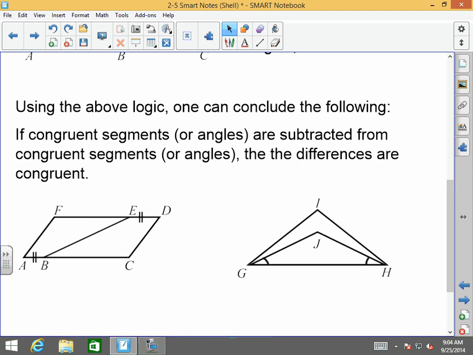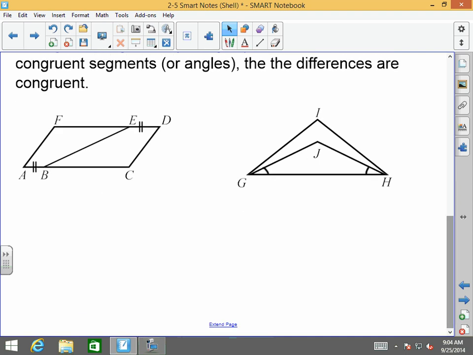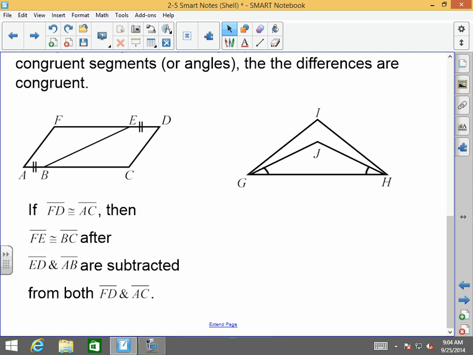So why don't we look at the two figures that I give you this time. And in this particular case, guys, what if I tell you the following? If FD is congruent to AC, then that means that FE is congruent to BC after ED and AB are subtracted from FD and AC.